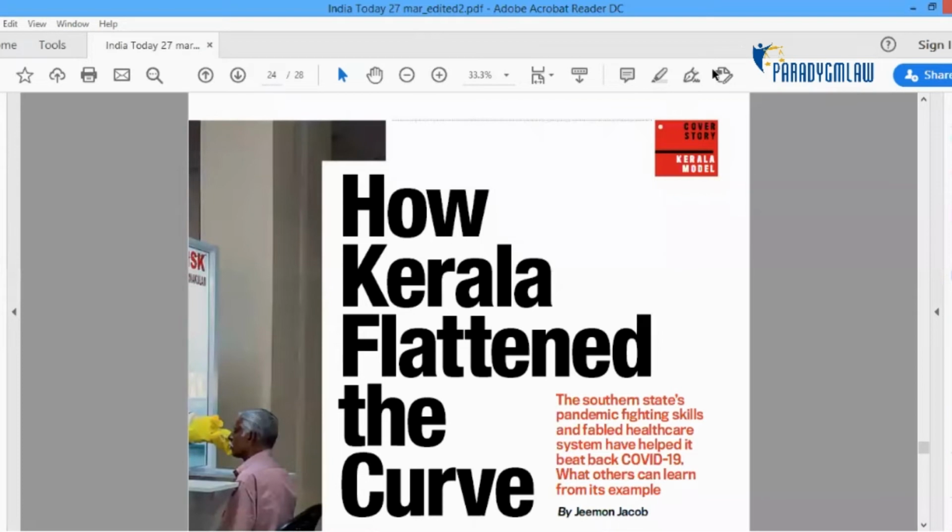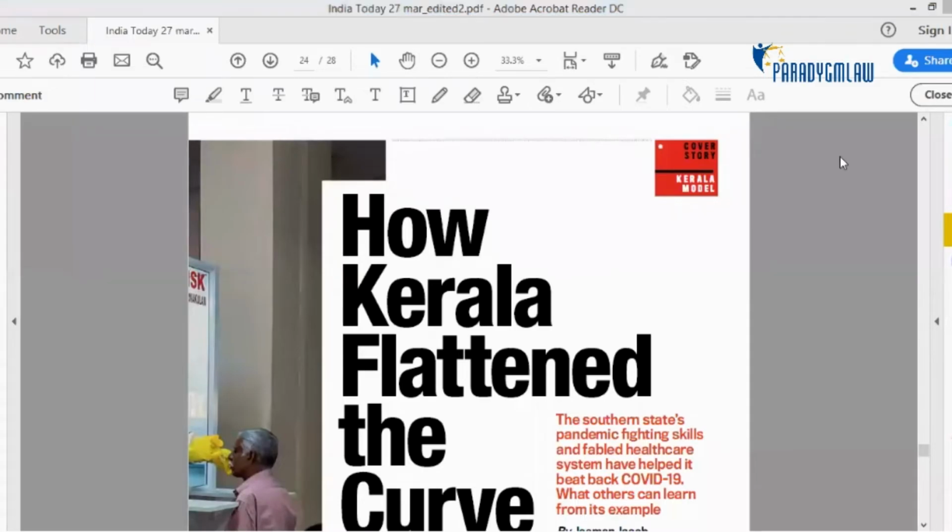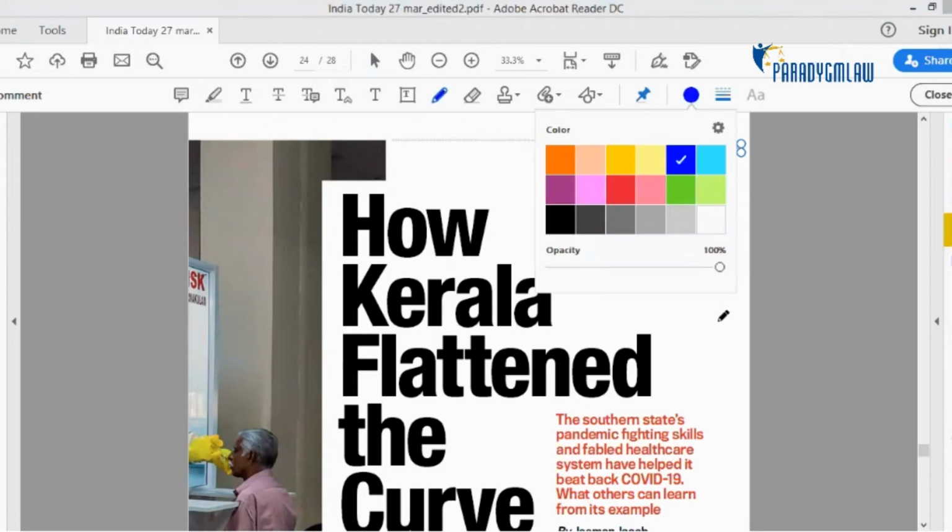This is the article I would like to highlight. This article is from the India Today magazine and it's their cover story. So let's look at what the article is about.